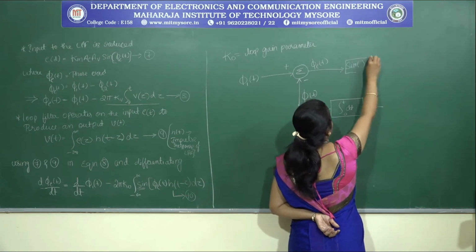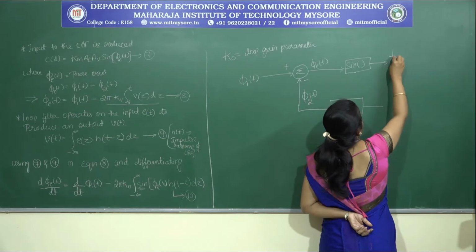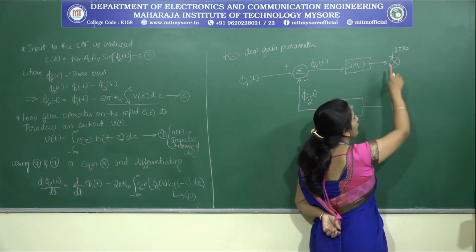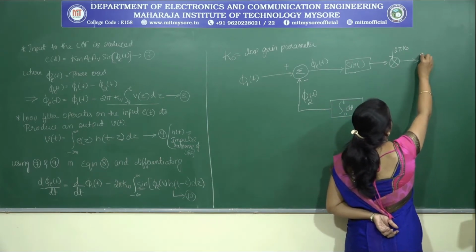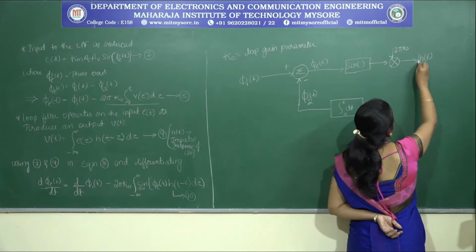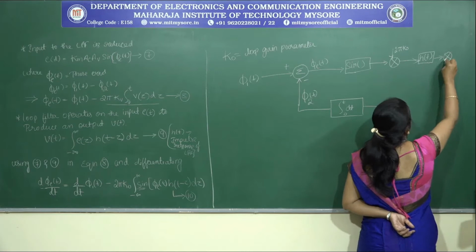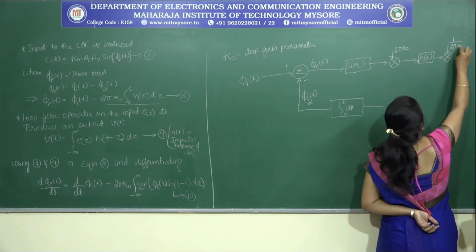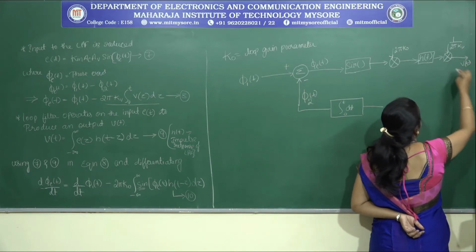Then the 2 pi k naught, that is the loop gain, and again h of t. So altogether the term here is 1 divided by 2 pi into kV, and across this we are going to get the output V of t.